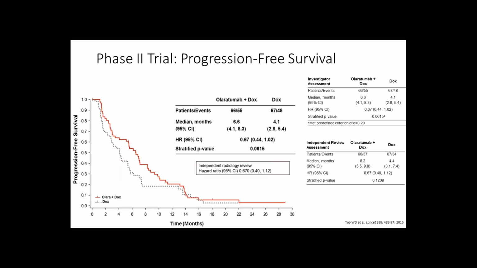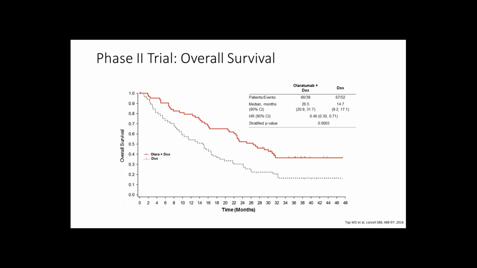So as I mentioned, the primary endpoint of the trial was progression-free survival, and the trial technically met its primary endpoint. The median progression-free survival was 6.6 months for the combination and 4.1 months for single-agent doxorubicin, with a hazard ratio of 0.67. But the thing that really made this trial notable was the difference in median overall survival, which is shown on this Kaplan-Meier curve.